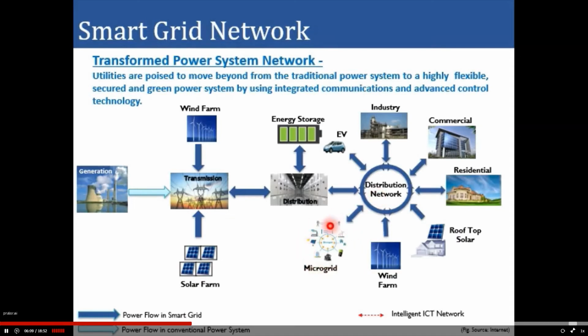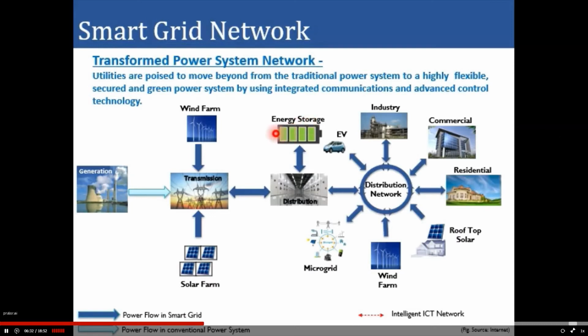So intermittency of the supply and the load will cause challenge in the distribution network. Also, the distribution systems are now being integrated with large energy storage systems, which we generally call grid connected energy systems.